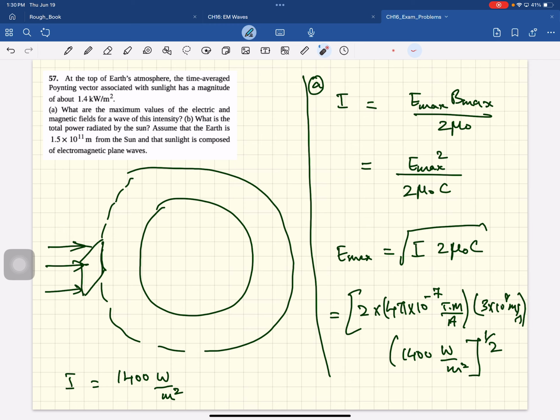All right, so we'll make that 10 to the 4, to the power half is 10 squared.